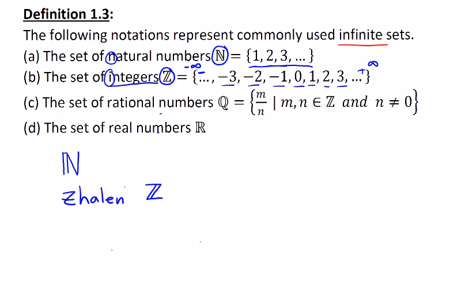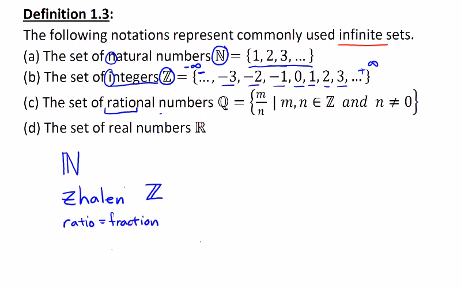Now, the set of rational numbers is going to be more expansive than the set of integers. As we go down this list, we are getting more and more elements to consider. The word rational has the word ratio embedded in it, and the word ratio is essentially describing the idea of a fraction.